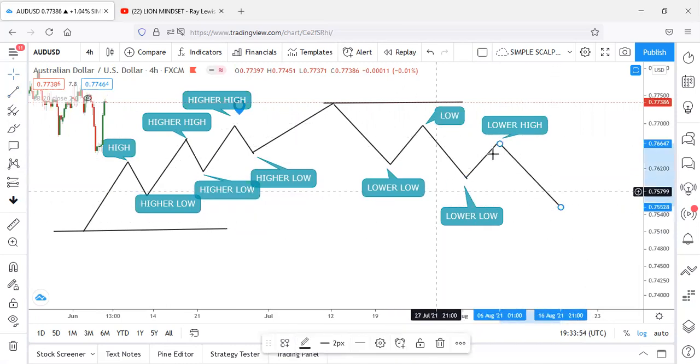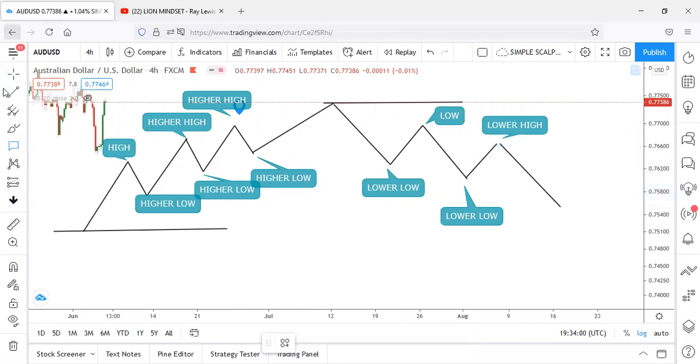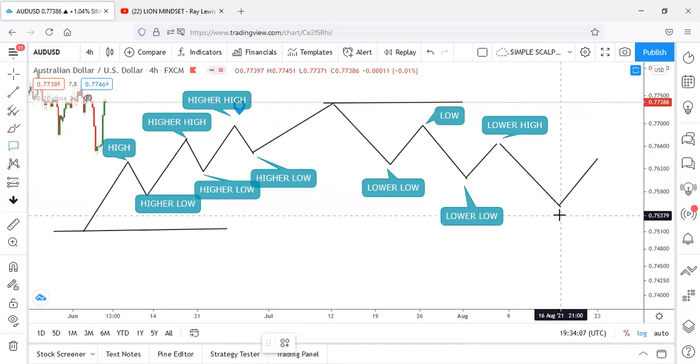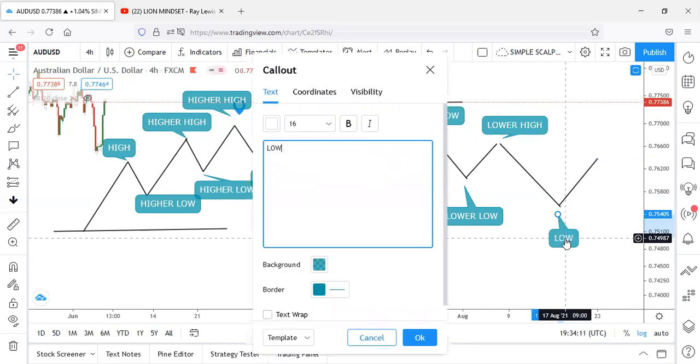In the case of a downtrend, you want to see a step coming down. So once you see another move to the upside, then immediately you know that this move right here is another lower low.